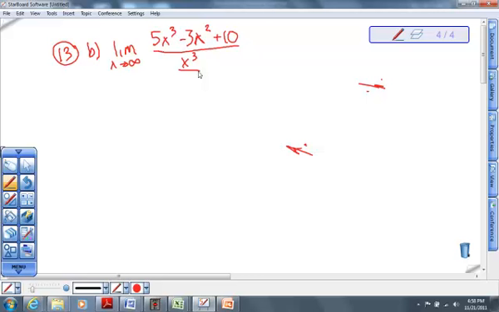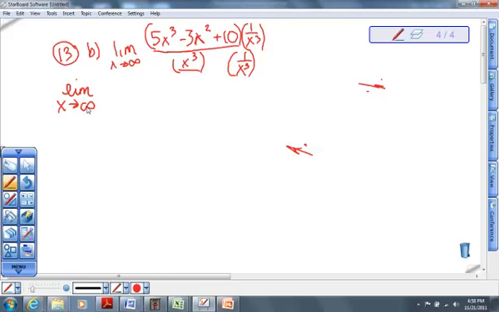So I am going to divide the top by x cubed and the bottom by x cubed, which would be the same thing as multiplying by 1 over x cubed. Essentially I'm going to take every single one of those terms on top, divide it by x cubed, and this term on bottom, divide it by x cubed.